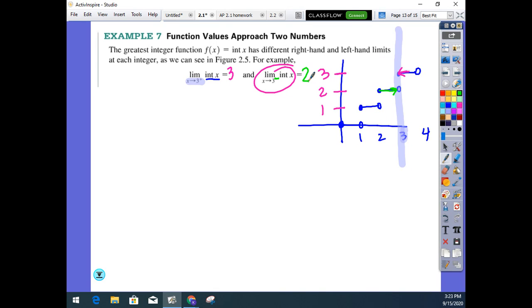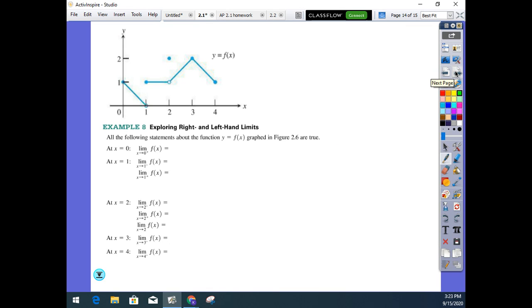Probably the best way to truly get this is this last example, exploring right and left-handed limits. And what I'd really like to do is do this together in class. So if you get to this point, we'll finish this part up in class.